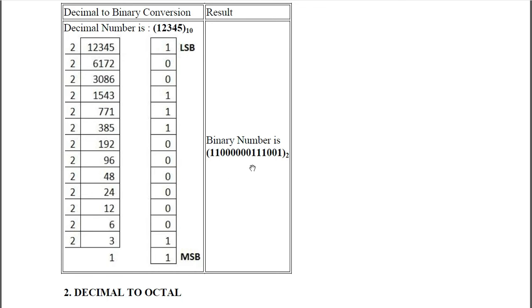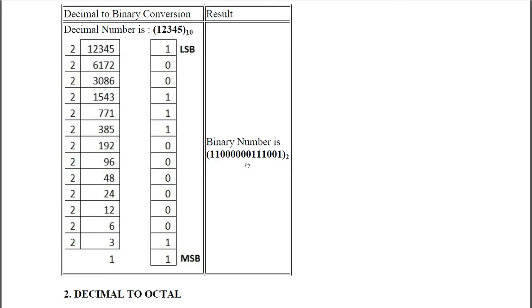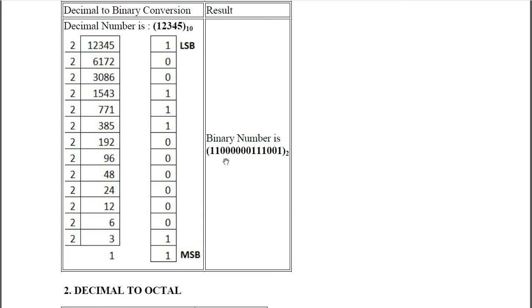It is the binary equivalent of the decimal number 12,345. The binary number is written of the base 2. So after the calculation, in order to find the binary number, we have to write the remainders from bottom to top.